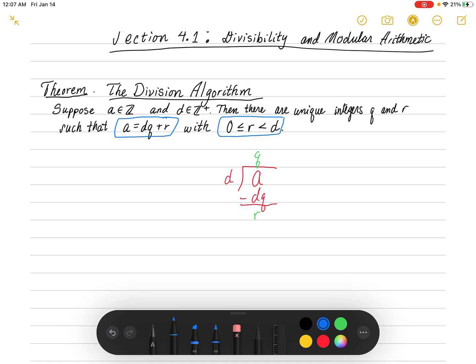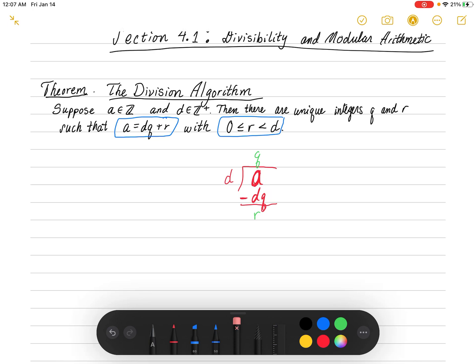If you pay attention to our blue equation, if I subtract dq from both sides, I have a minus dq equals r. Precisely. That's what that equation is saying up top. a equals dq plus r is the same thing as a minus dq equals r. We take the red a right here minus the dq, and we got our remainder r. So that's basically really basic division that you would have learned in second or third grade.